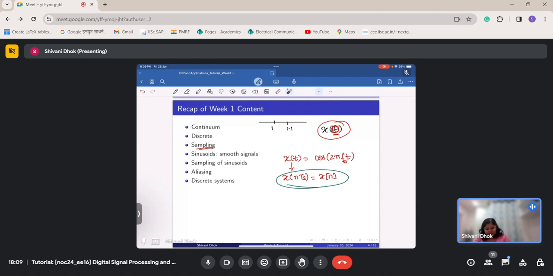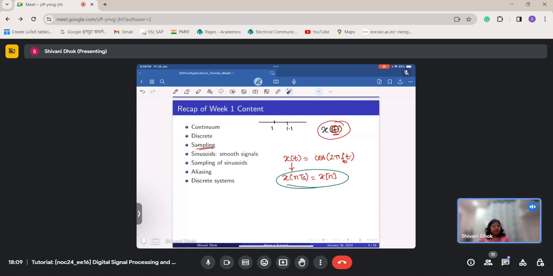Now the concept of aliasing was introduced. What it says is, when we are doing this, then along with this particular frequency, some more sinusoids also generate the same sample value. Like multiple sinusoids generate the same sample value.